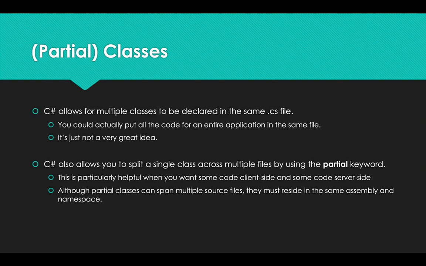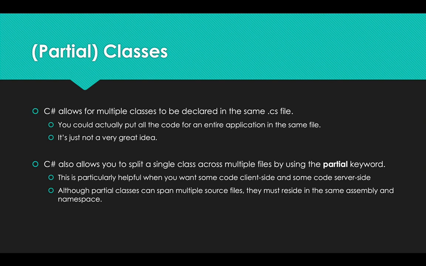And so while it's a good idea to have multiple CS files, one for every class, you could actually just pile all of the code for your entire 2 million line application into the same file, and you could live your life that way. It's just not a very great idea because it makes it kind of hard to navigate around. The converse is also true.